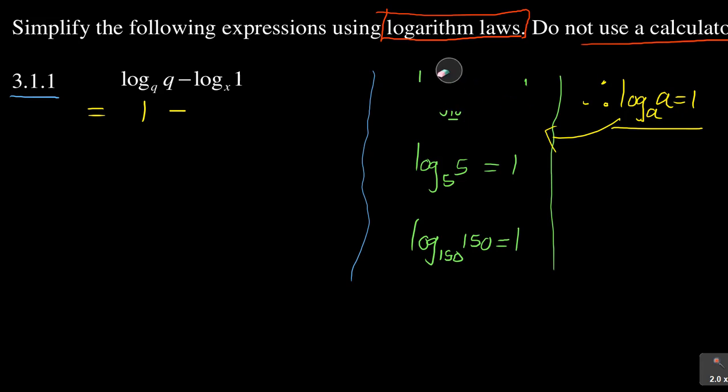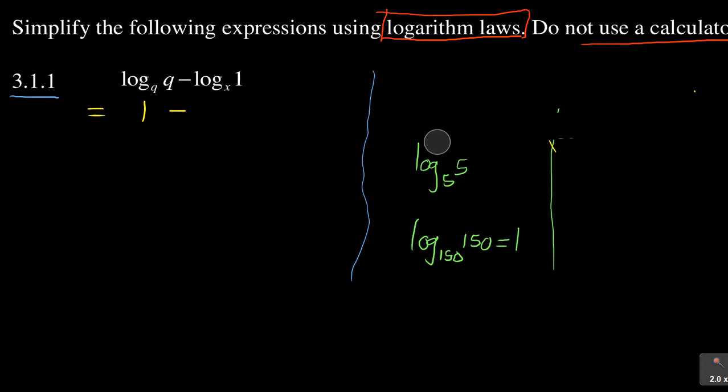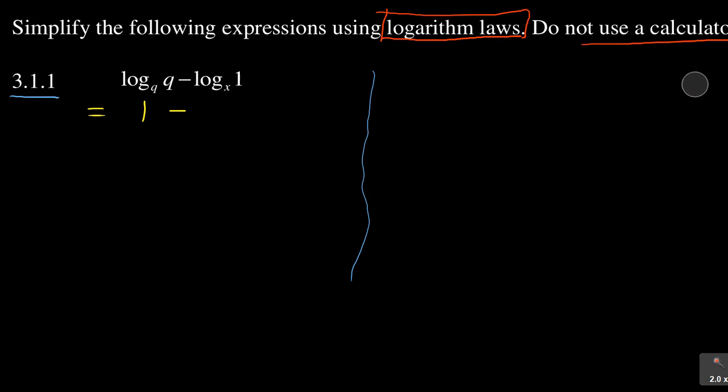Now secondly, the next part that we're going to apply. I'm going to use my calculator again just to check a few, for example log base 10 of 1, log base 5 of 1, and log base 17 of 1.